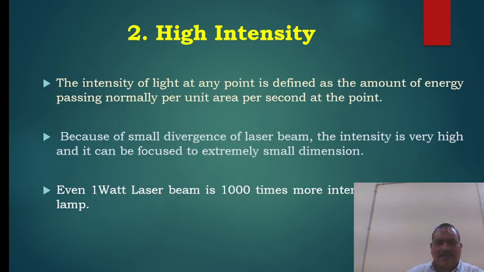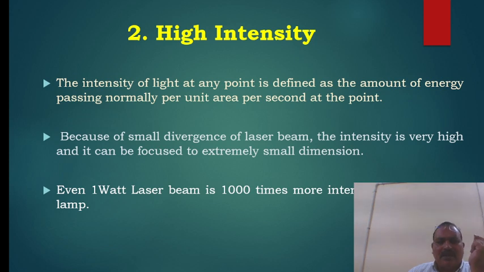That is the first property. Second, high intensity. The intensity of light at any point is the amount of energy passing normally per unit area per second at that point. Because of the small divergence of the laser beam, the intensity is very high, and it can be focused to an extremely small area.